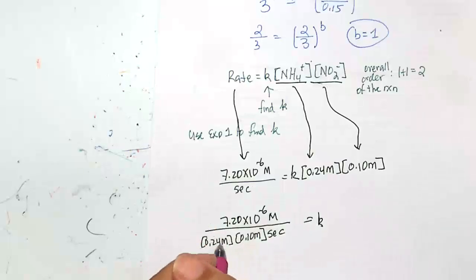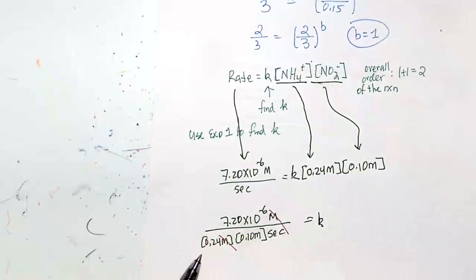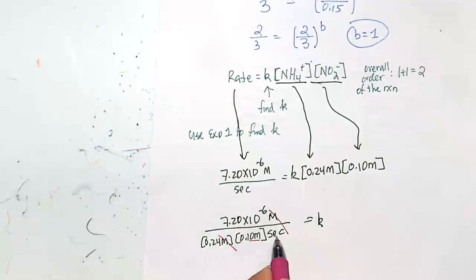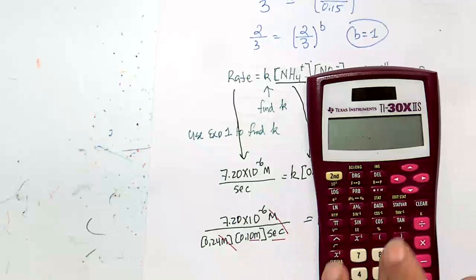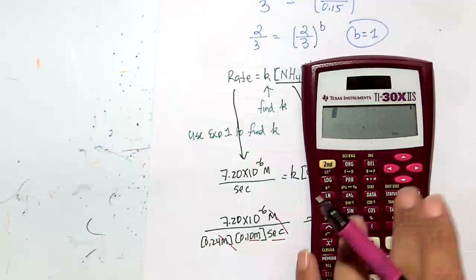All right, everyone check this out. Okay, this m cancels out with this m. My m in the denominator stays. My seconds in the denominator stays. I'm just saying this because units matter. Units are going to matter. So what is 7.20 times 10 to the minus 6 divided by 0.24 times 0.10?